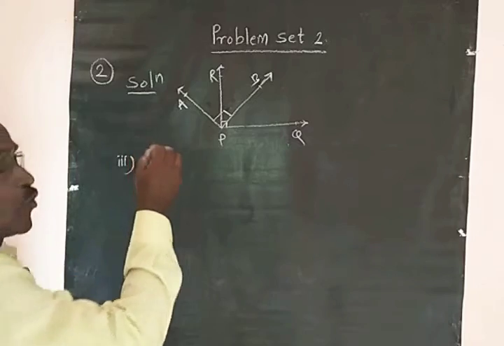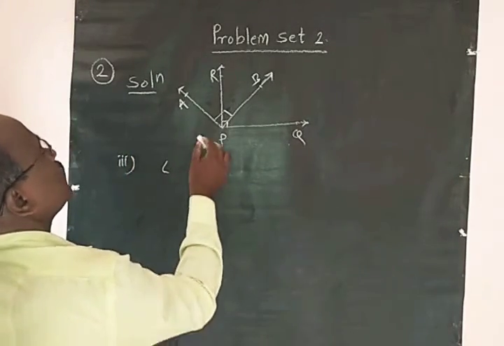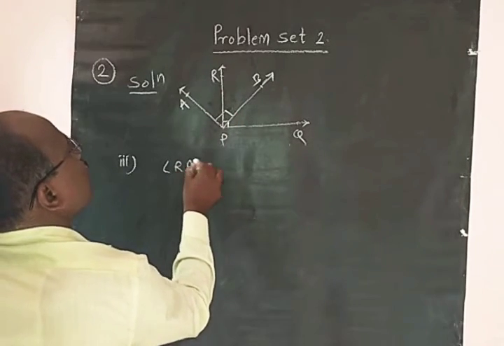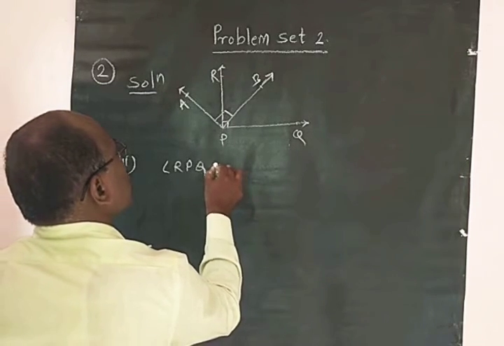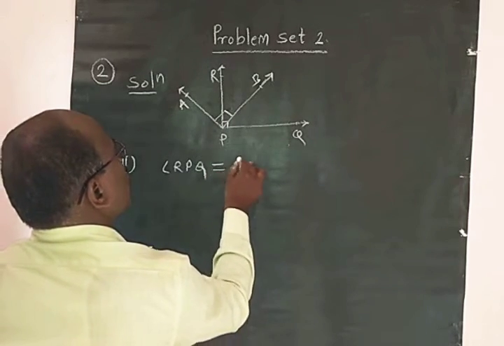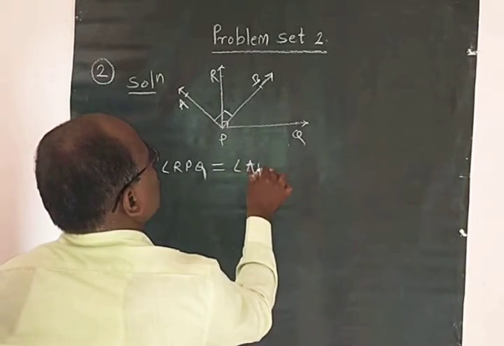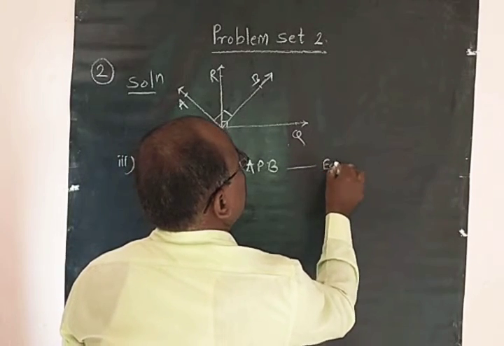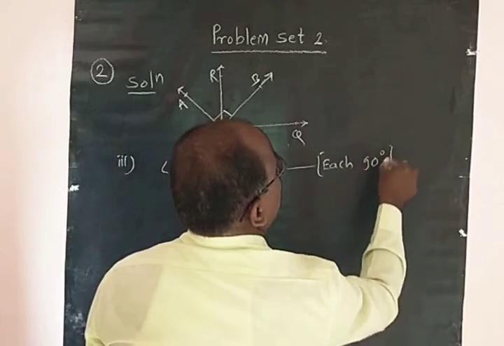So here angle RPQ is equal to angle APB because each is 90 degrees, both are 90 degrees.